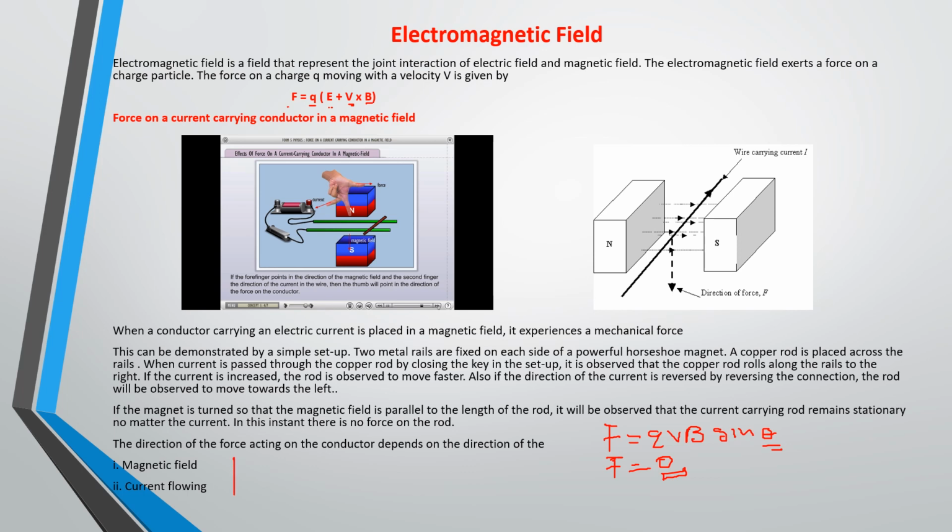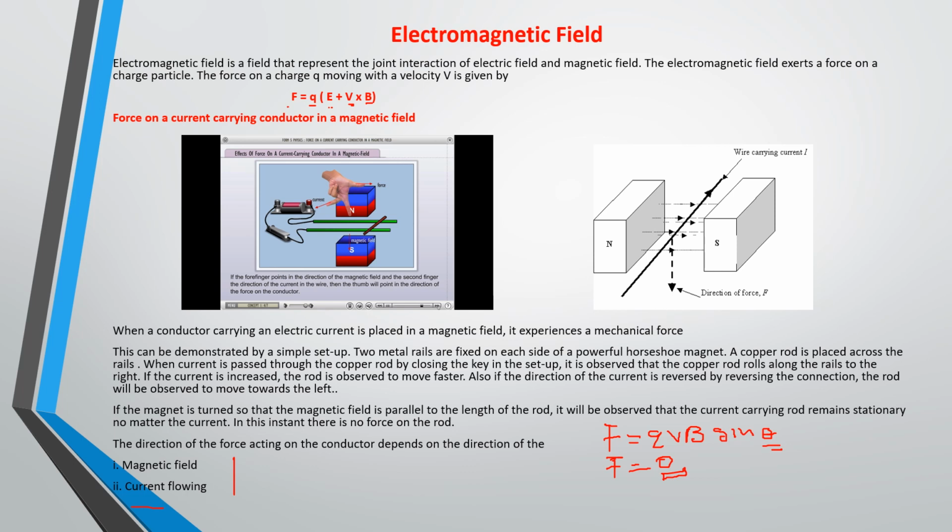All right, these are questions that you can be asked in your physics theory. So the direction of the force acting on the conductor depends on the direction of the magnetic field and the current flowing. Don't worry, in a short while we are going to look at the direction of the force on a current carrying conductor in a magnetic field.